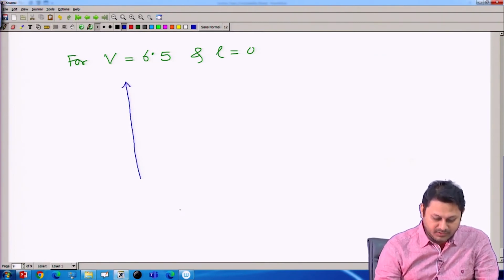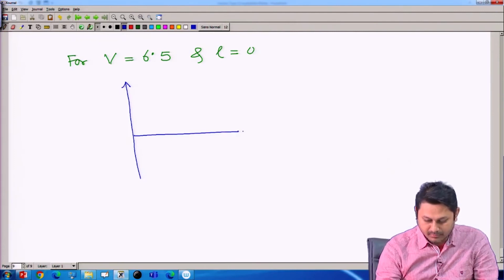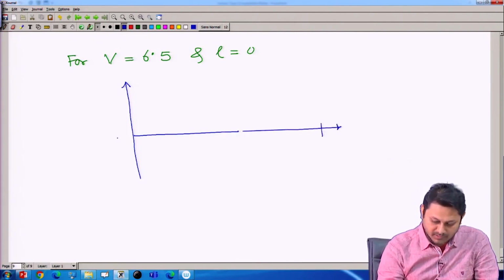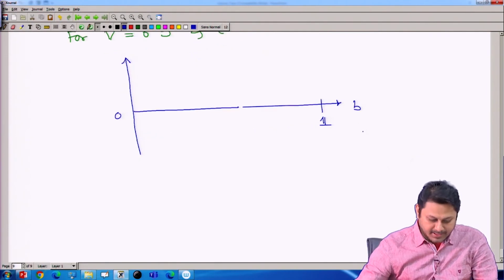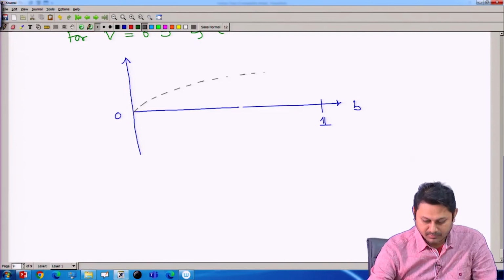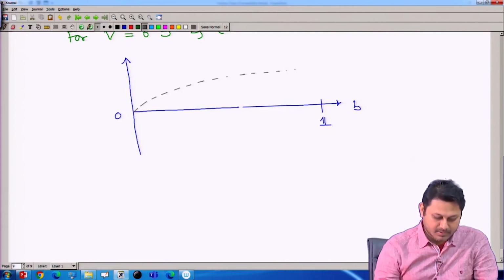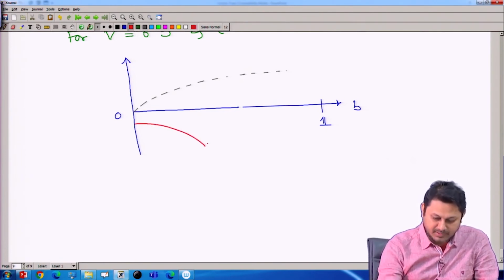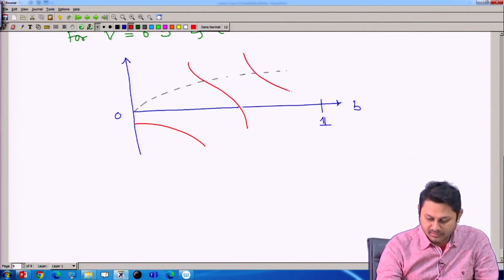So this is B, from 0 to 1, and if I plot this transcendental equation, I will have the right hand side as a curve like this, and the dotted line seems to be the left hand side, something like this.